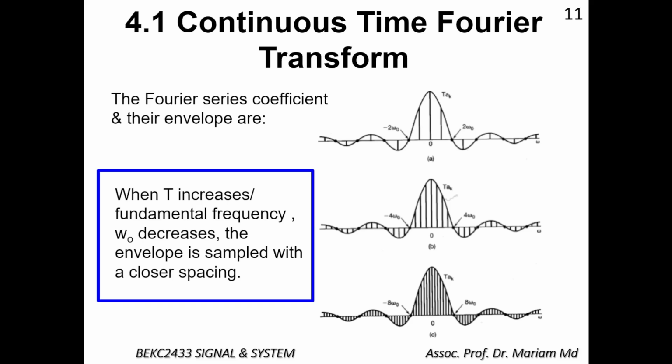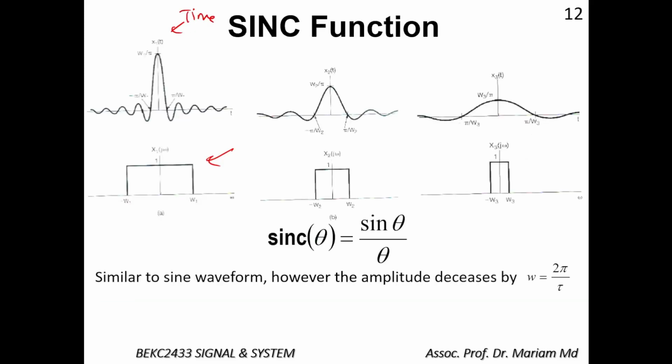If you look, this is an important point here. Let's look at the value that you have here. This is a sinc, but the label is x(t). Is that the time domain? It's interchangeable basically. If you have a sinc in the time domain, in the frequency domain the answer will be rectangular.